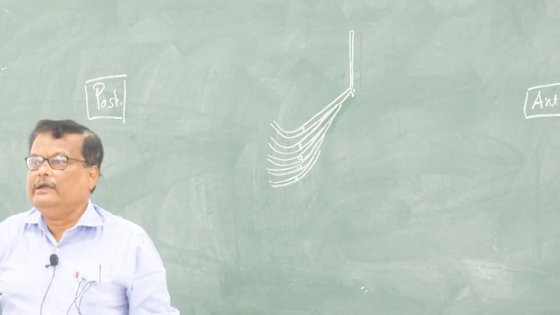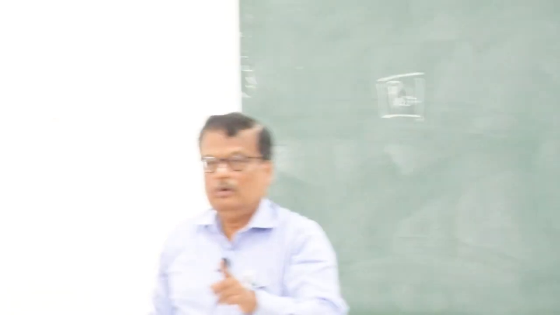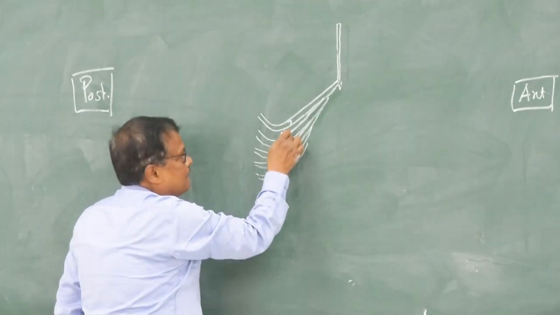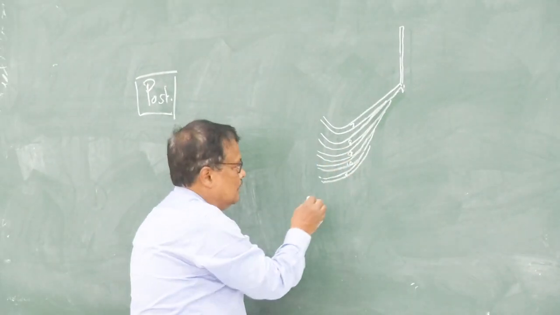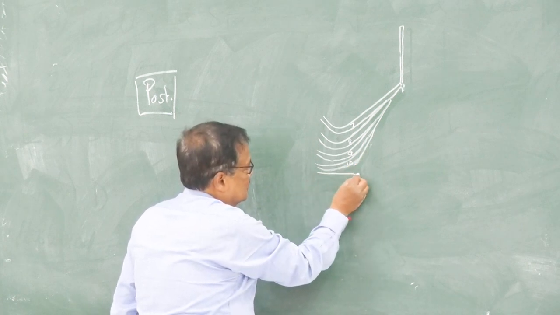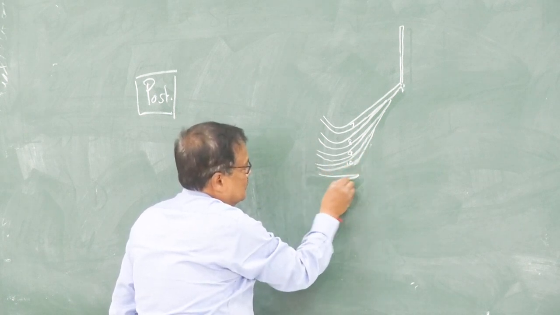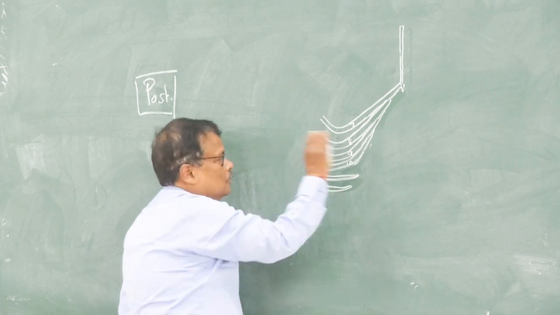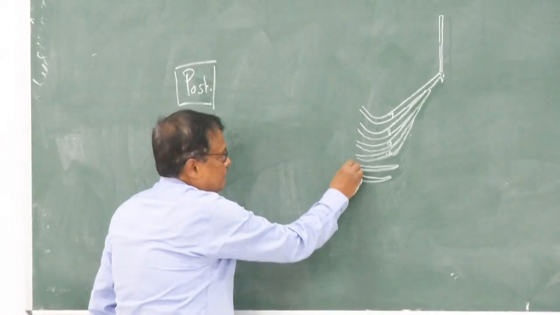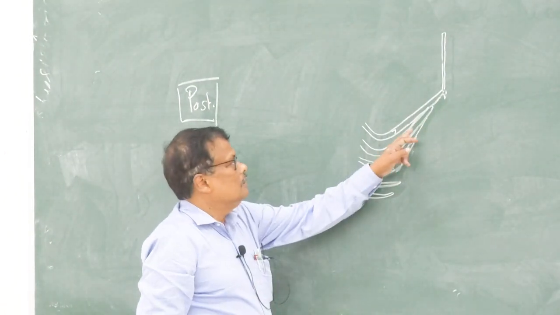Then the 8th, 9th, 10th, 11th ribs. The 11th and 12th don't touch anyone. They are known as the floating ribs because the 11th and 12th ribs don't touch the sternum.